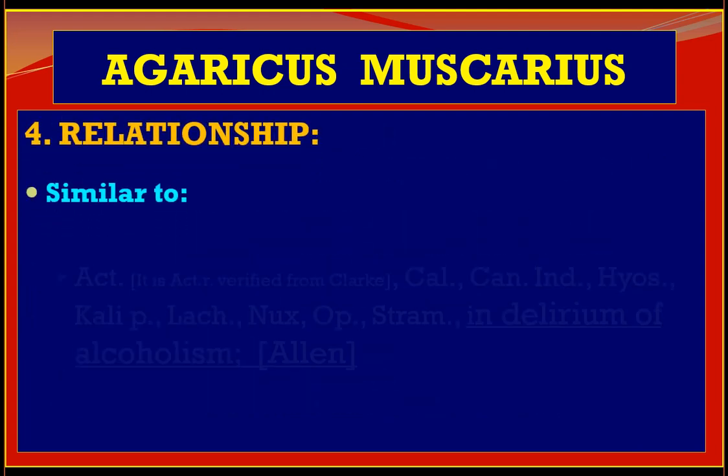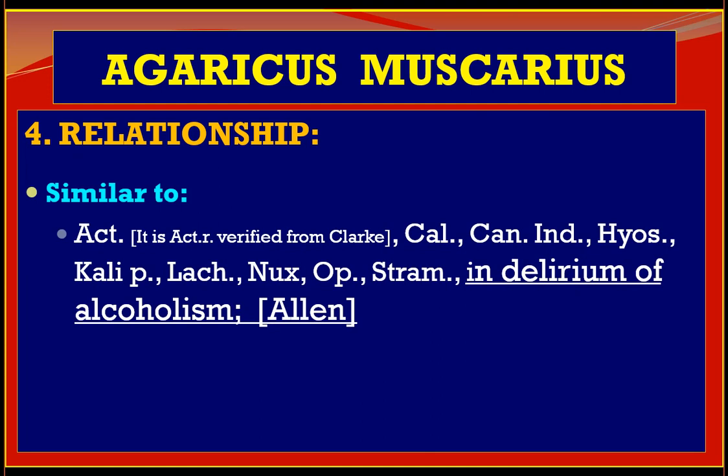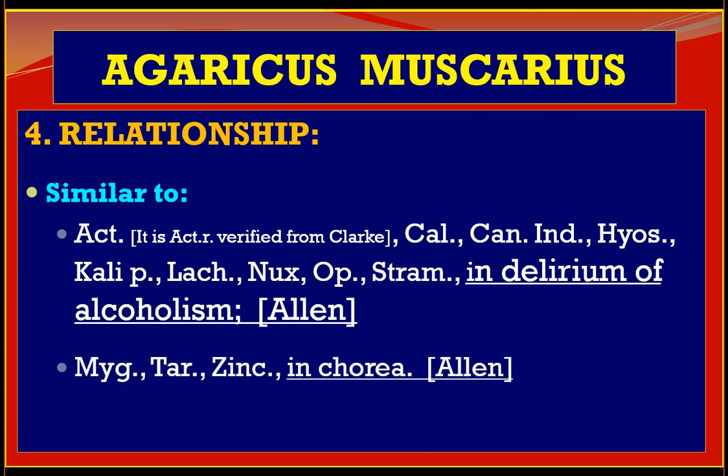The relationship of this remedy: it is similar to Actaea, Calcarea, Cannabis indica, Hyoscyamus, Kali phos, Lachesis, Nux vomica, Opium, and Stramonium in delirium of alcoholism; Mygale, Theridion, and Zincum in chorea.